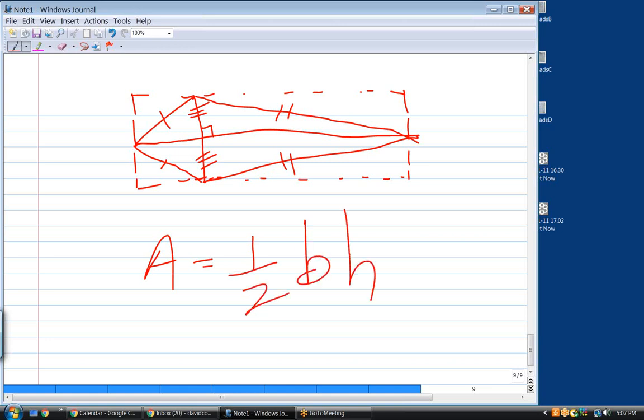In fact, it's the same as the area of a triangle. The area of a triangle is 1/2 base times height. The area of a kite is 1/2 the diagonal 1 times diagonal 2. And diagonal 1 is my height, diagonal 2 is my base.